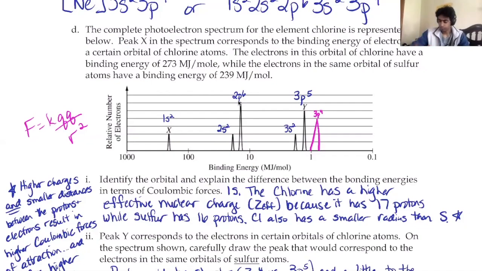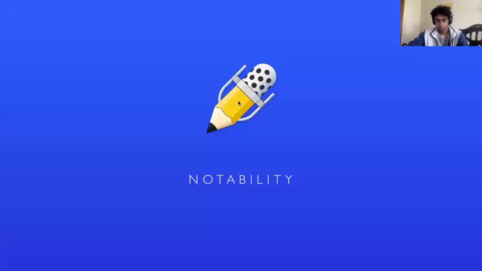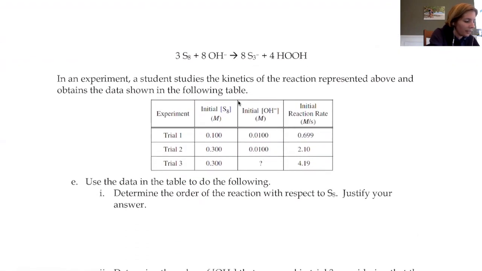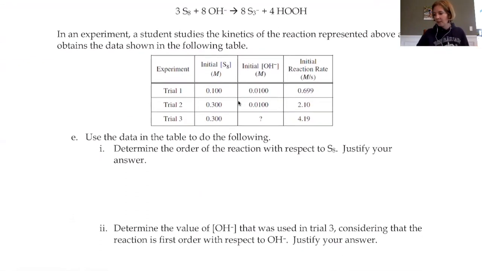Got it. Okay. All right. So if we don't have any more photoelectron spectrum questions, now we're going to look at a little bit of kinetics. It's going to have you solve for the orders with respect to the sulfur in the equation it gives you.